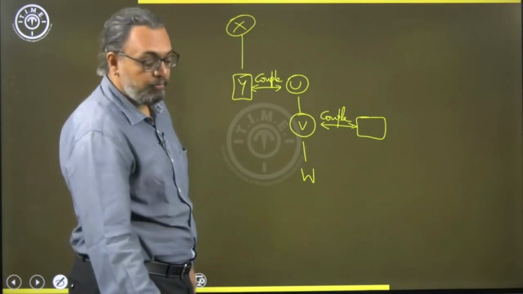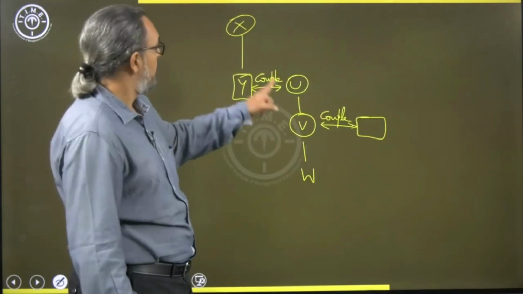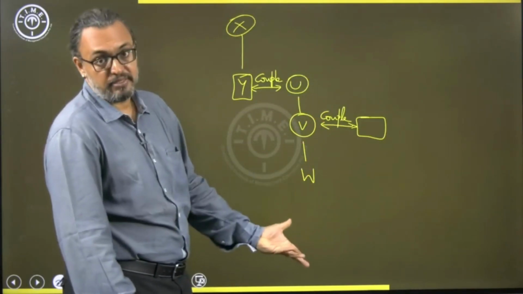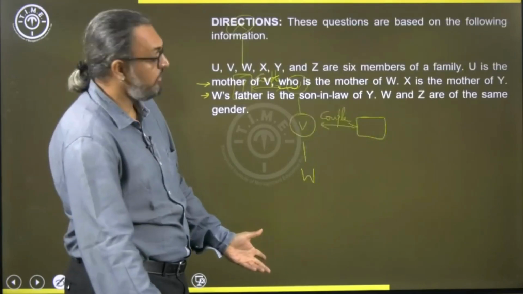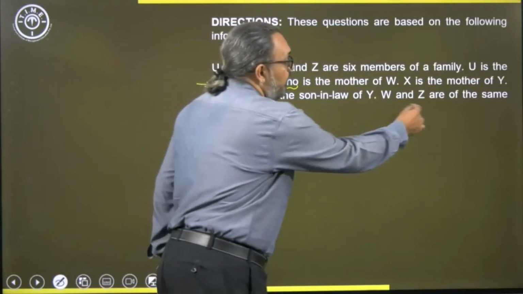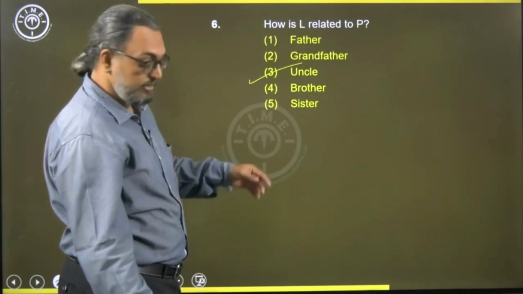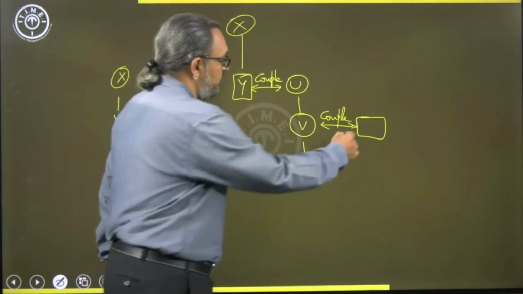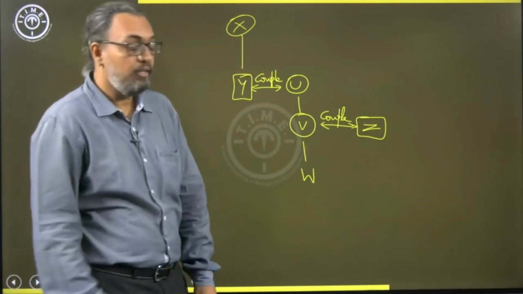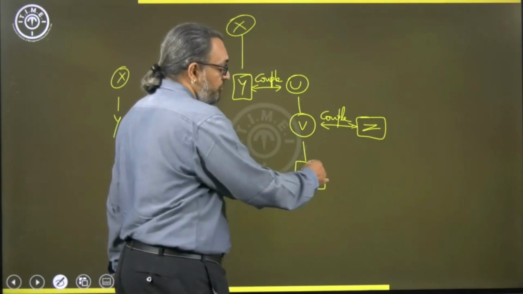Correct? So how many members are there here? 6 members. Do I not have 6 people here? Yes. Now then, finally what he says, W and Z are of same gender. Now Z is the missing person. So we know Z is a male. So W also will be identified as a male.